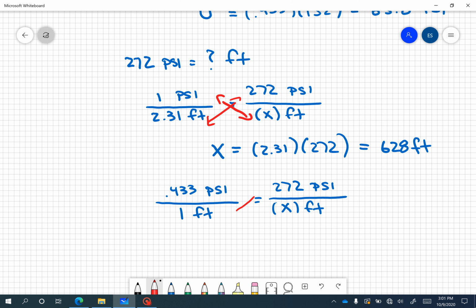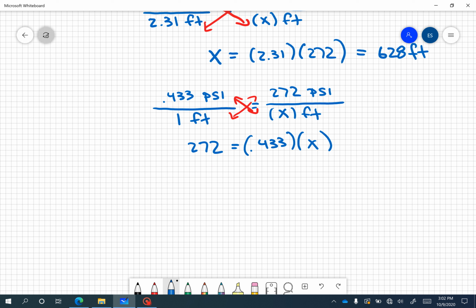Let's do our cross multiplication. 1 times 272 equals 272 equals, cross multiply, equals 0.433 PSI times our unknown.